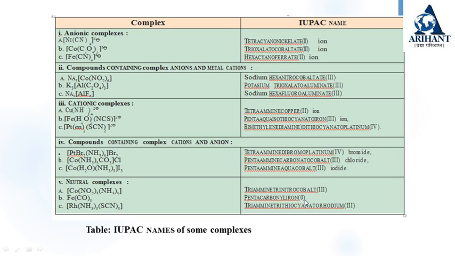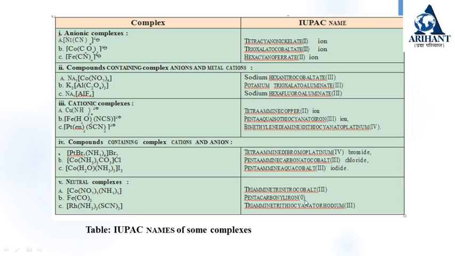Okay. So next category is compounds containing complex anions and metal cations. So look at this, Na3[Co(NO2)6].